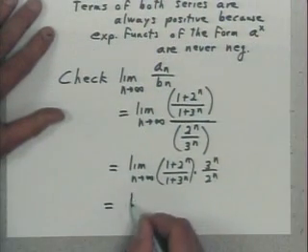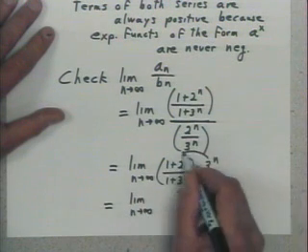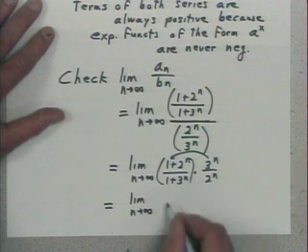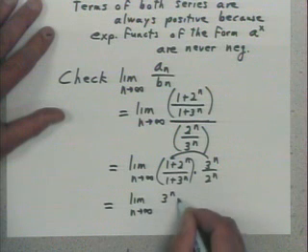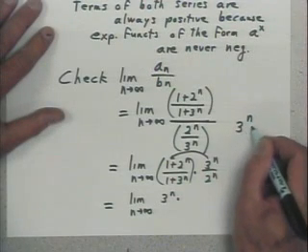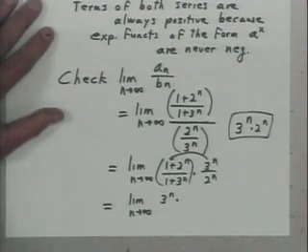Let's distribute. What's 3 to the nth times 1? Be careful. What's 3 to the nth times 2 to the nth?